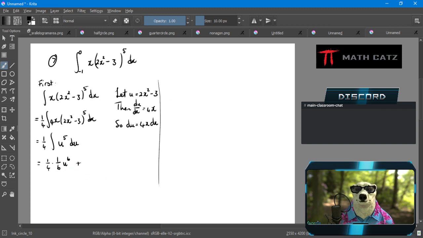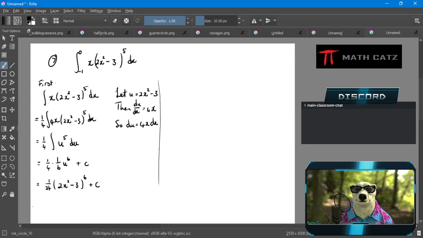You're welcome to write a constant here, but I am coming back to my definite integral issue, which doesn't care about a constant because I just need an antiderivative. So I'm going to take the simplest one. So I'm going to simplify this now as 1 over 24 because I have a further step that will follow this one. Go back to x's. U is 2x squared minus 3, and now to the power of 6.